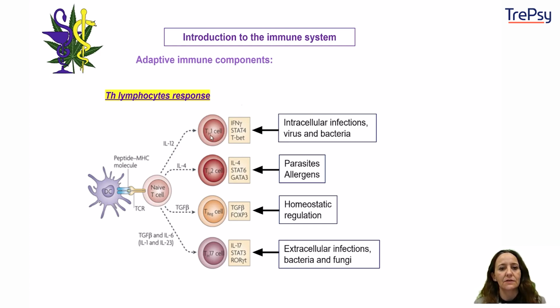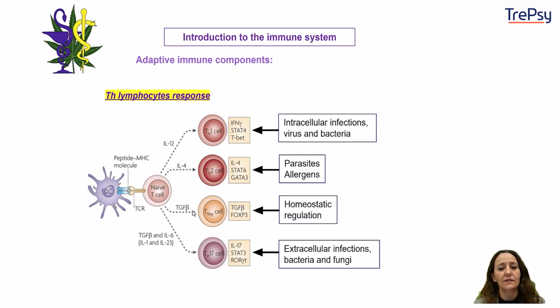For example, Th1 cells can fight intracellular infection, virus and bacteria. Th2 cells work together in order to eliminate parasites and also in the allergic response, in the hypersensitivity responses. And Treg cells are in charge of the homeostatic response.